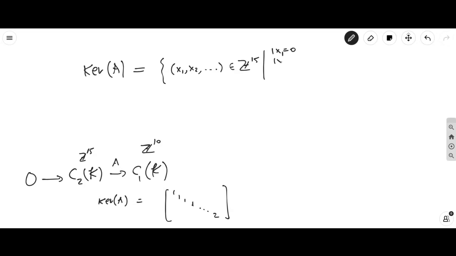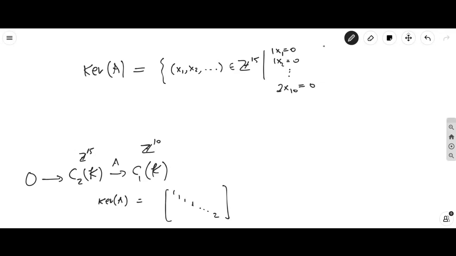1x1 is 0, 1x2 is 0, and then you have 2x2, 2x10, I guess, is 0.